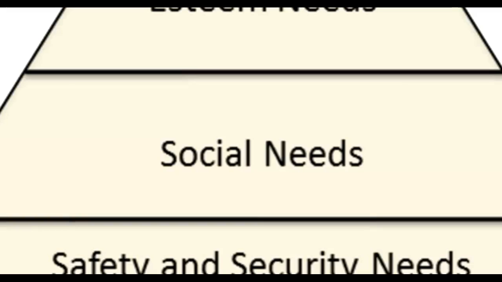We all have social needs in different areas. Usually in the workplace, we have maybe a handful of people that we usually communicate and correspond with, and that has to be met essentially for us to be able to move on to a higher level need.